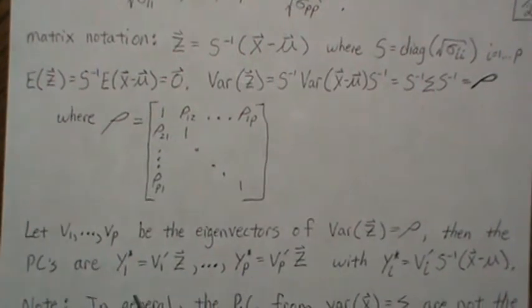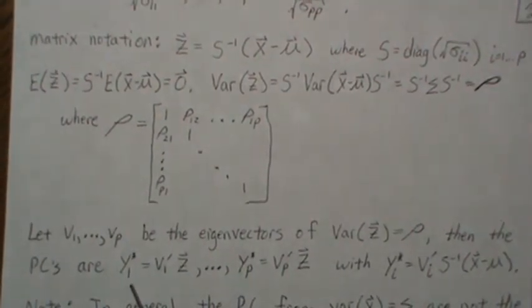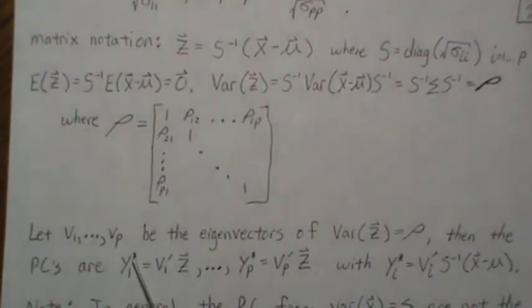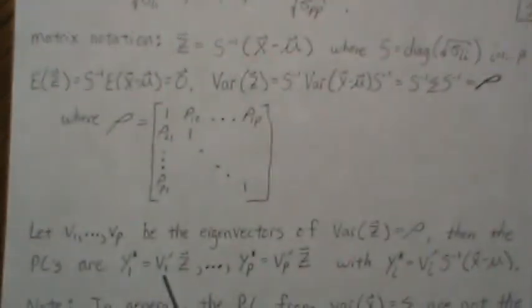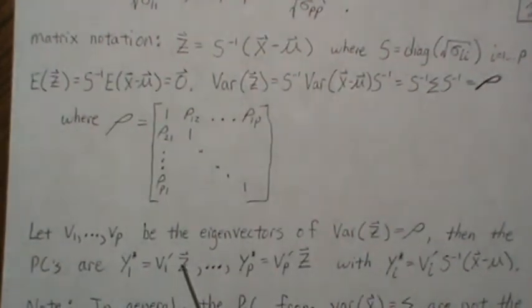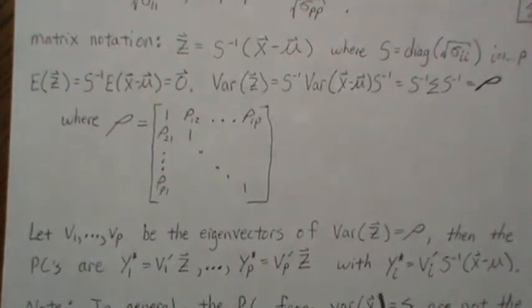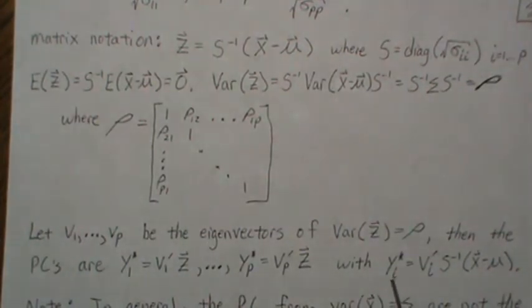Then the principal components are just, and I put a star that means that the variables have been standardized, the first eigenvector times our vector Z. The pth component is the pth eigenvector multiplied by Z. Now, we could write it like this.